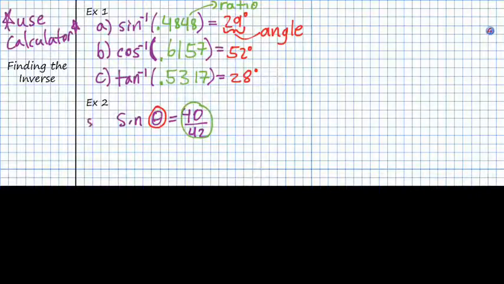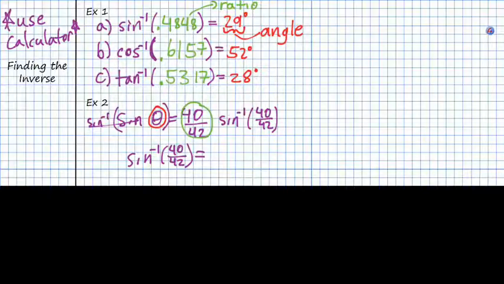The inverse sine of both sides will cancel out the functions on this side, and on this side I'll get the sine -1 of 40 over 42. So I have sine -1 of 40 over 42 is equal to some theta.